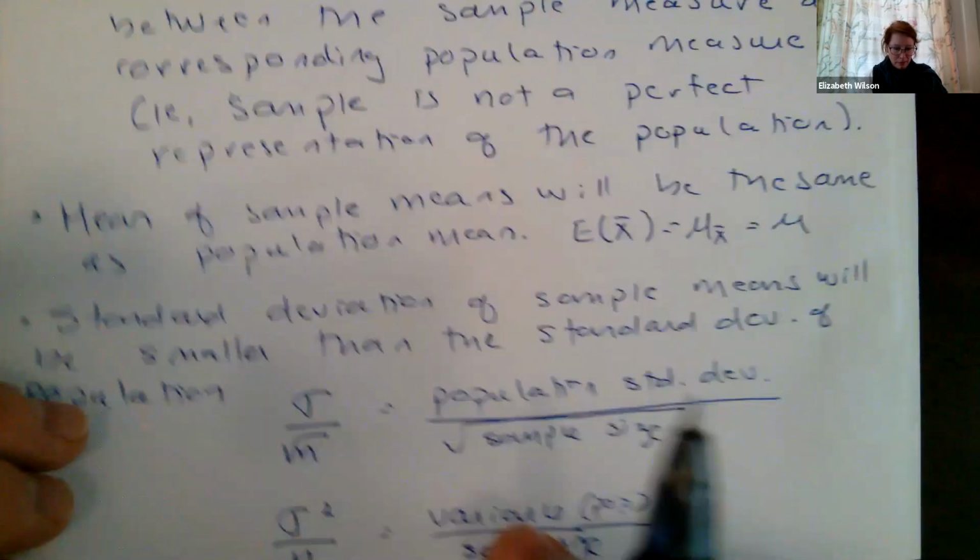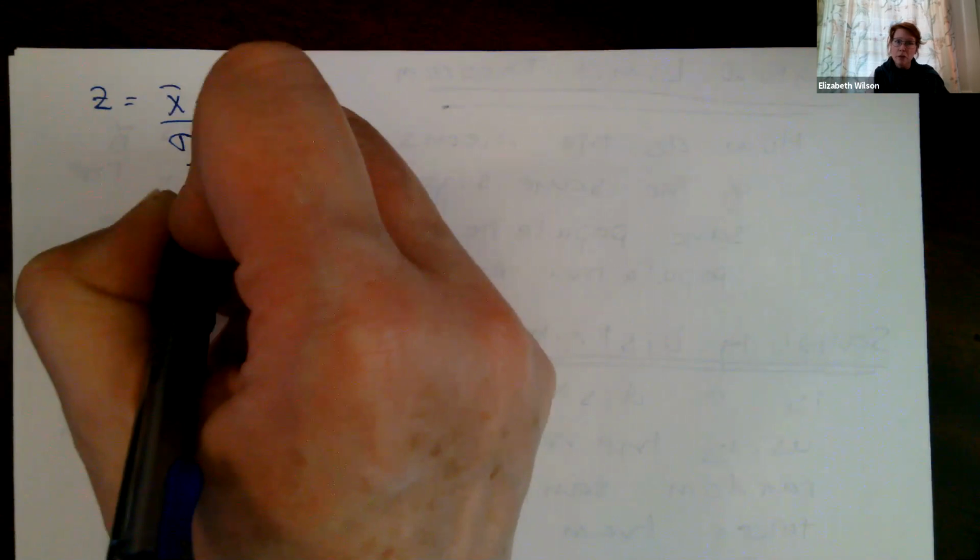Okay. All right. So let's talk about this in terms of our z-value. Now when we go to calculate our z-value, remember it was x bar minus mu divided by our standard deviation, which was a good intro to think about things. We knew our mean, we knew the standard deviation, but now we're dealing with populations versus sample size.